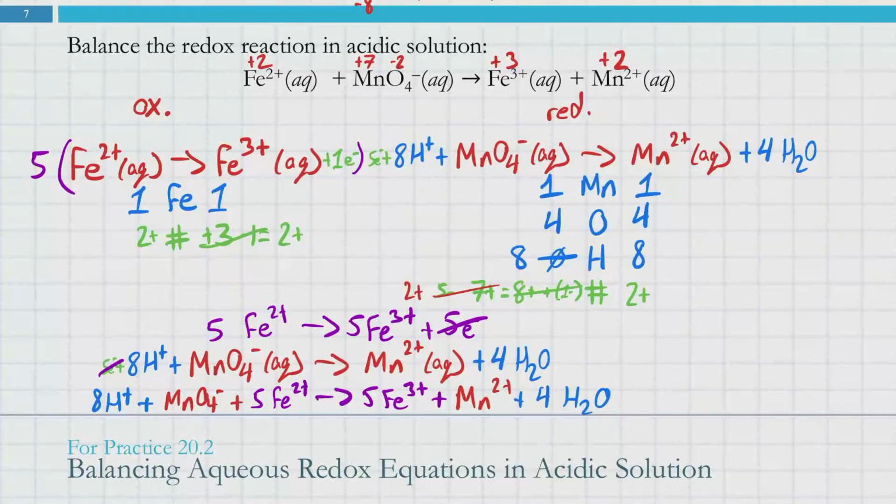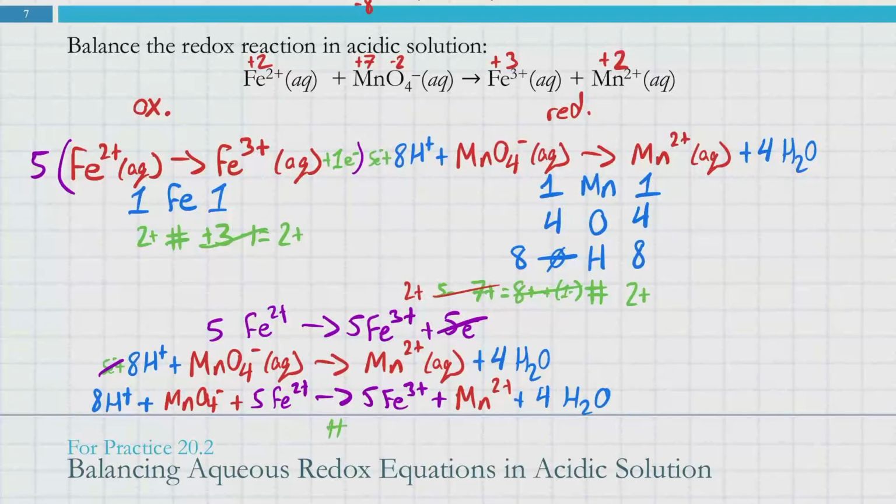Hydrogens are balanced. For our manganese, we've got 1 on the left side, 1 on the right side. Manganese is balanced. Our oxygen, we've got 4 on the left side. We've got 4 times 1 on the right side. Oxygen is balanced. 5 irons, iron is balanced. So everything with respect to mass is balanced.